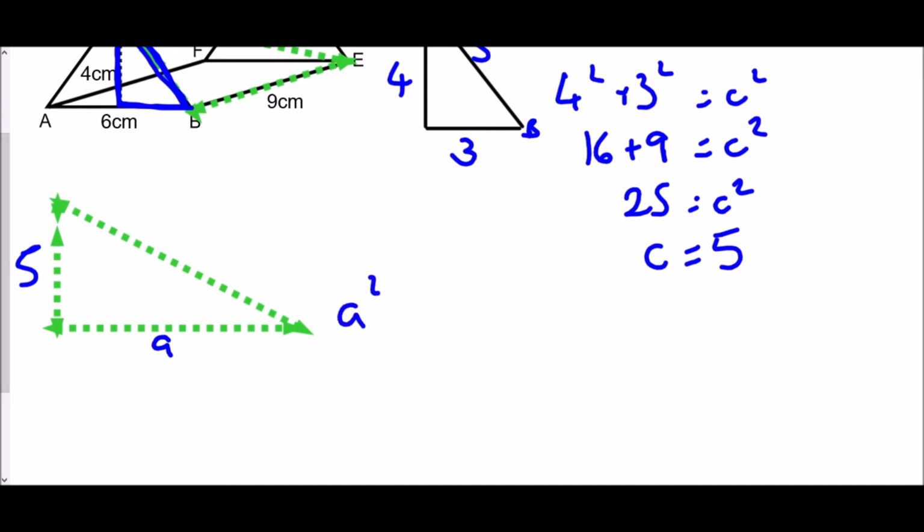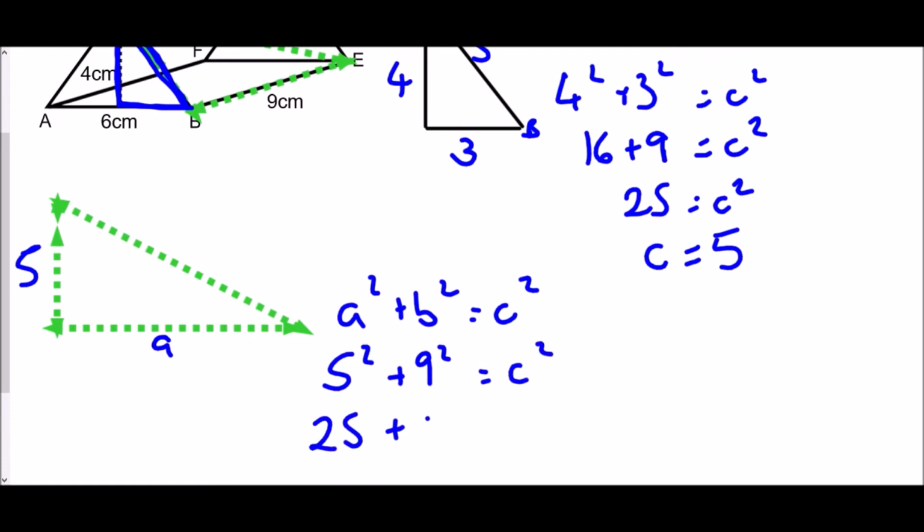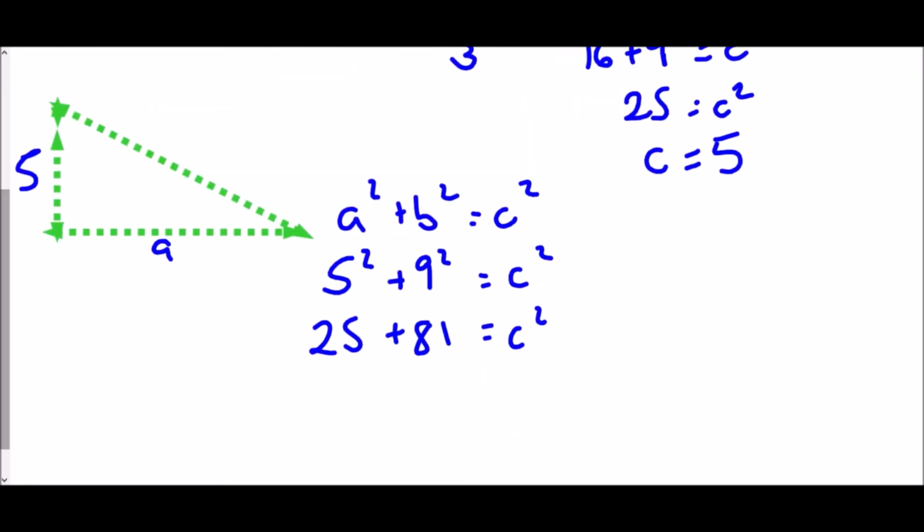So I've got a squared plus b squared equals c squared. A is 5, b is 9. So that's 25 plus 81 is c squared. And so that is 106. And so if I want to get c, I need to do the square root of 106.